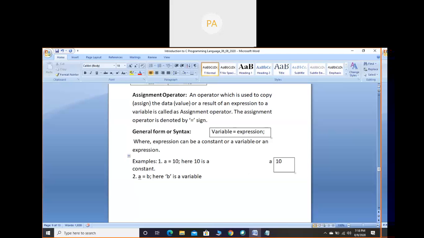My request, if you can, is to explain this assignment operator once again. Should I explain once again, sir? Yeah, if you can, it will be helpful, because I could not follow some of the sequence.